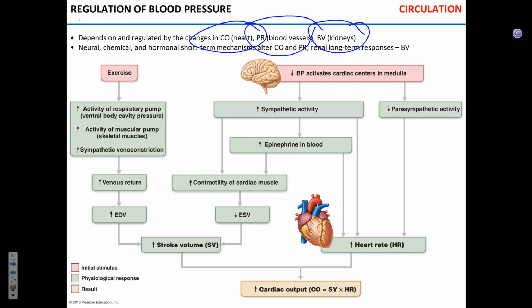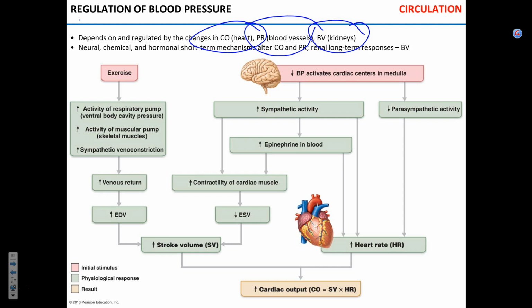Now, in which situation do you want to increase the blood pressure? I consider it a simple question. When do you want to increase the blood pressure? When you're exercising, to increase the blood flow. Any other? Excellent. Blood loss. When your blood pressure is low, you want to increase your blood pressure to maintain proper tissue perfusion.